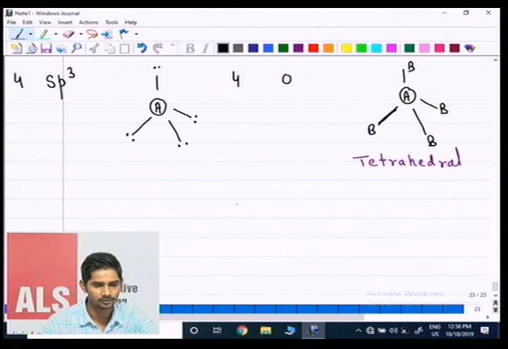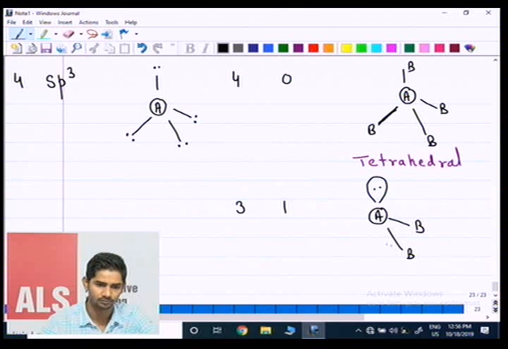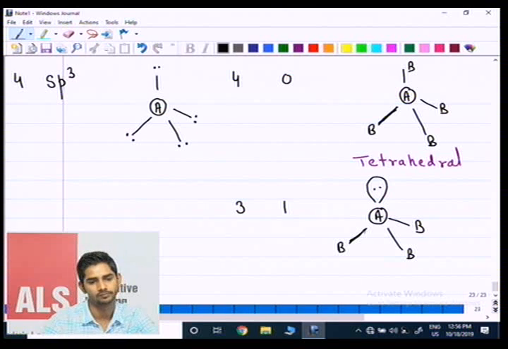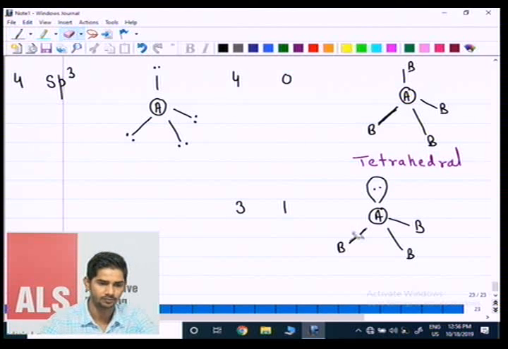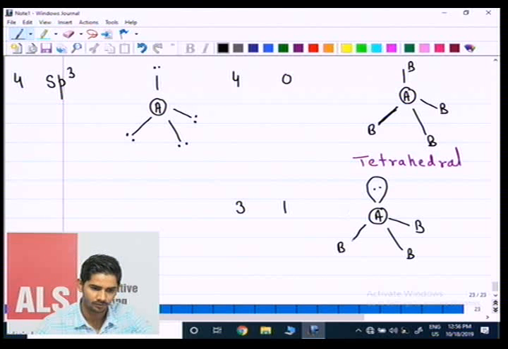Next, bond pair 3, lone pair 1. If this happens, this is your pyramidal.